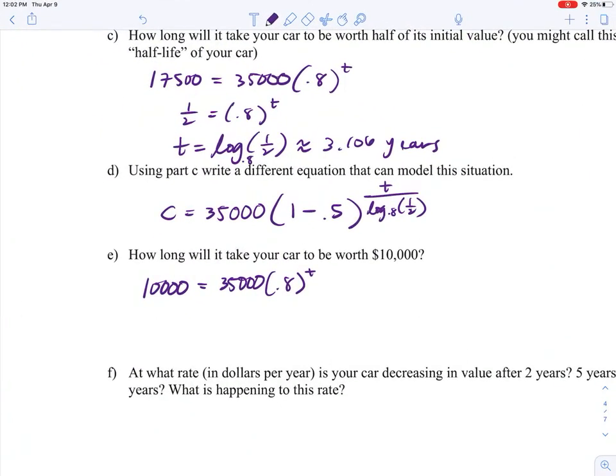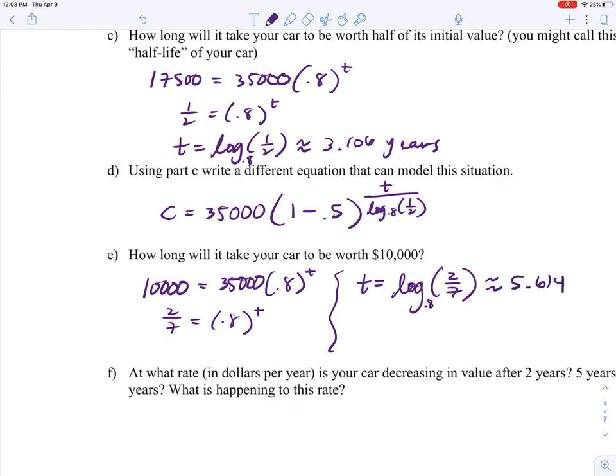Okay, and then if we divide by 35,000 on each side, we get 2/7 equals 0.8 to the T power. So T equals log base 0.8 of 2/7, which is approximately 5.614 years.